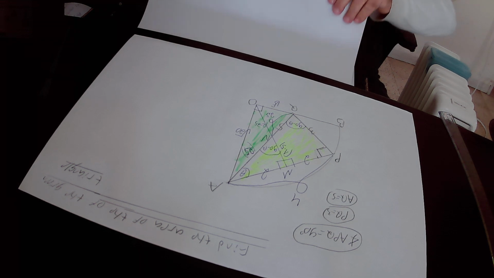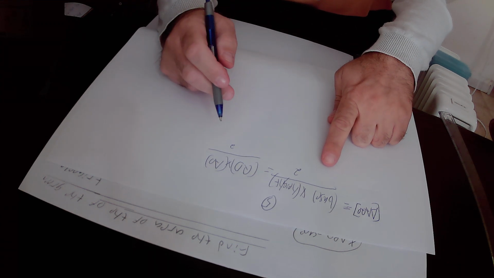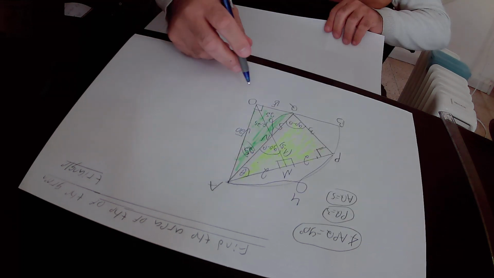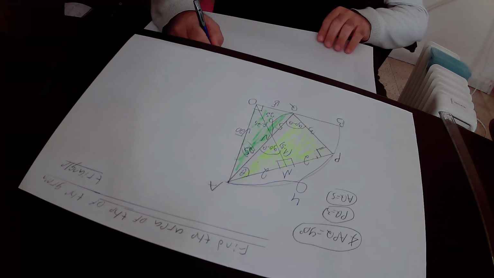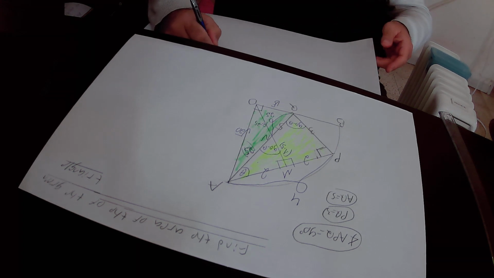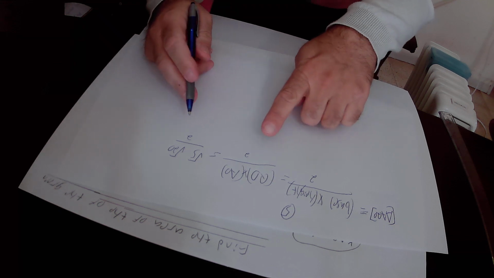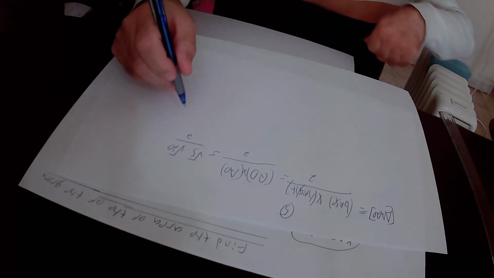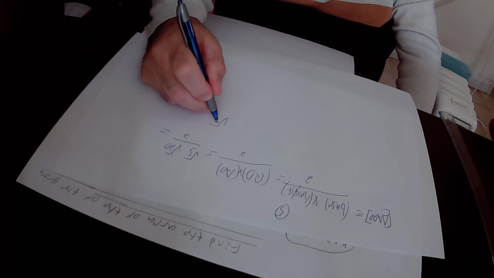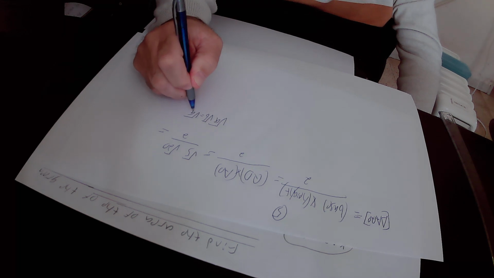Finally, here the base is QO, the height is AO, over 2. QO is square root of 5. AO is square root of 20, all divided by 2. We have the algebraic identity that states that square root of A times square root of B equals the square root of AB.